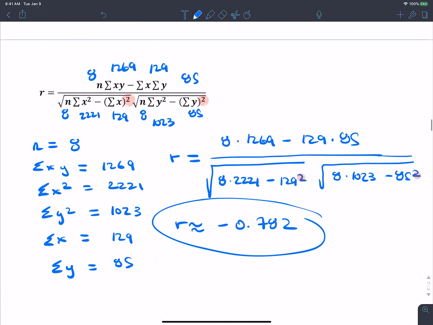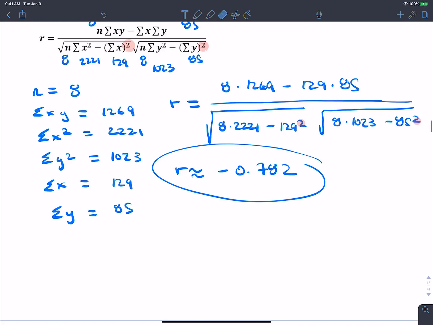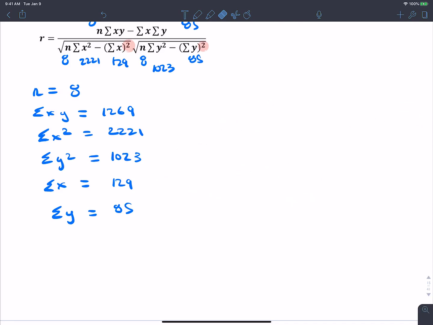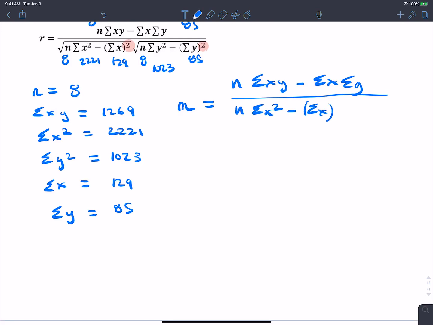So let's find the values here now. I need a slope, so I'm going to use my big eraser. And let's use our slope formula for the best fit line, the regression line. M is N sum xy minus sum x sum y over N sum x squared minus sum x in parentheses squared.